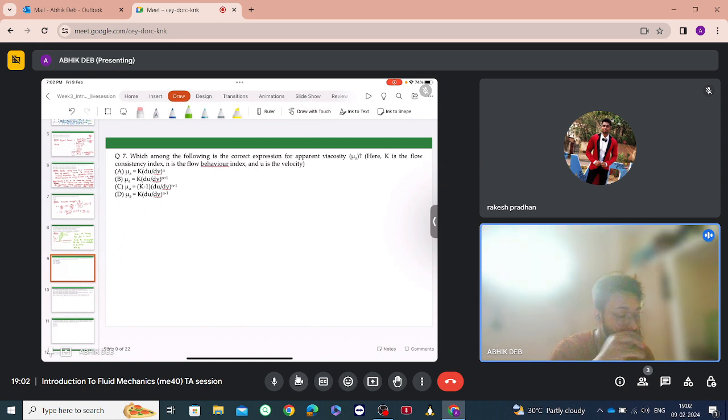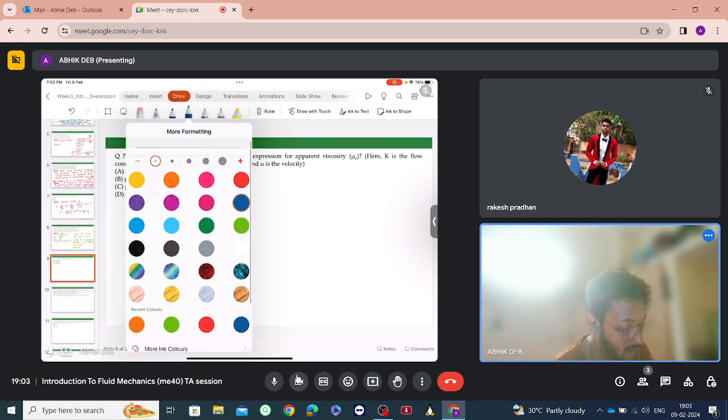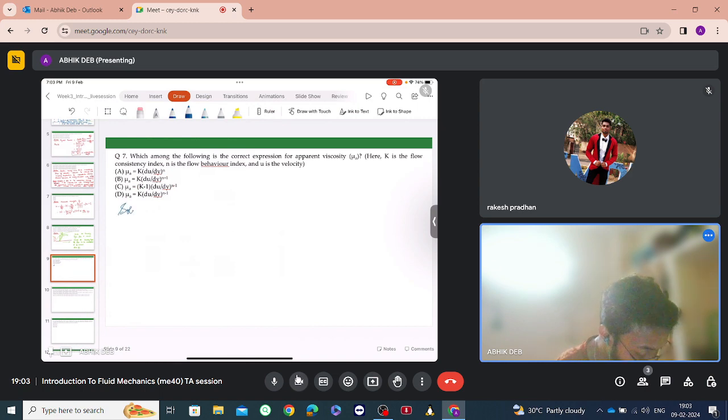Which among the following is the correct expression for the apparent viscosity? So what is apparent viscosity? Before going there, some fluids are those for which the stress-strain behavior is linear. Those are called the Newtonian fluids.